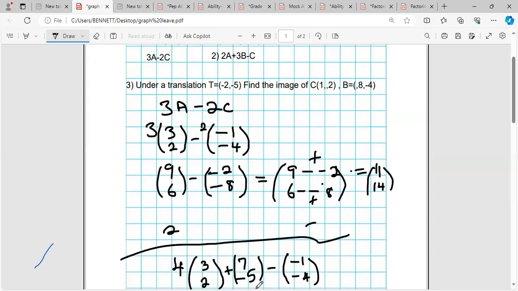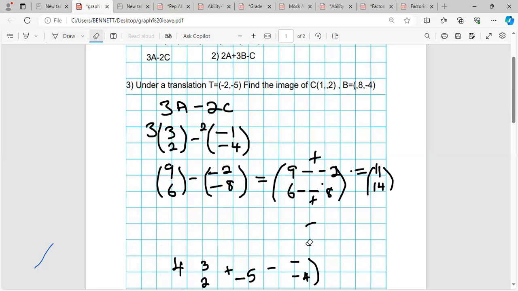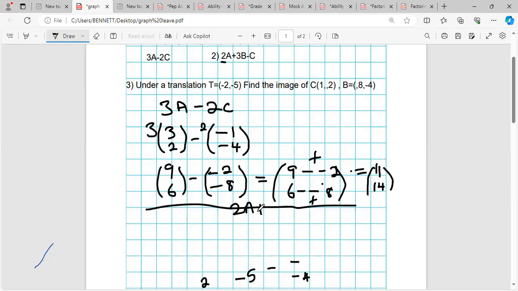All right, so the next one now would be 2a plus 3b minus 5c. So let me see if we can just go over it, have some space here. So again, guys, we have 2a. So it would be 2 times a plus 3b and just minus.